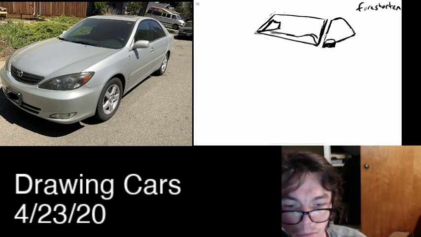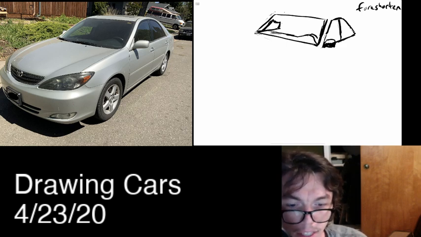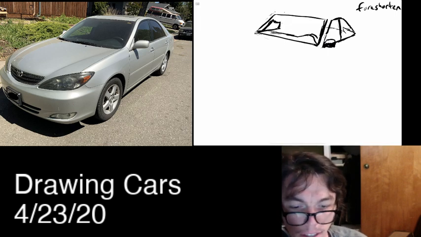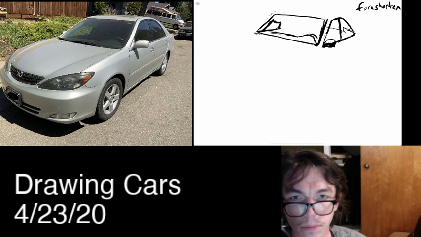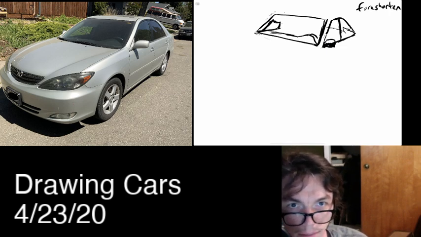Okay, so this window splits somewhere like that. And then I see the reflection of the sky. It makes this shape. These little details, sometimes I do them at the end, and sometimes I do them as I'm going because I don't want to forget them. Usually I do them at the end. All right, then here's the back of the car.